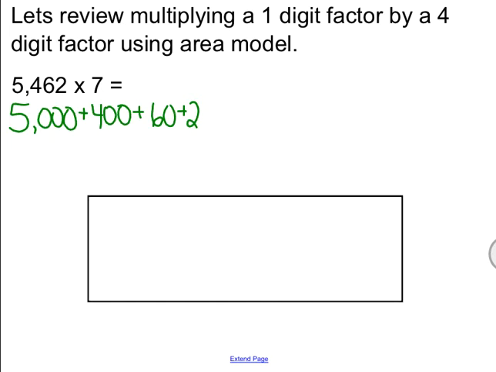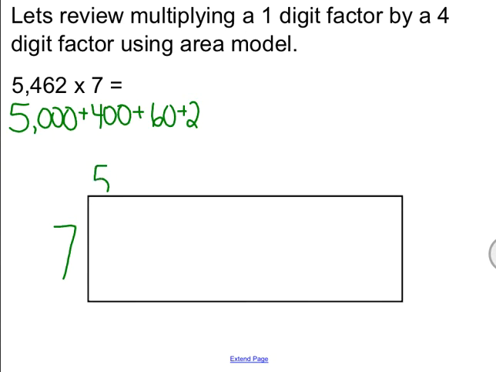All right, so now I can go and label my rectangle. And remember, area model is a visual diagram, also using partial products. So the next thing is to label our diagram. I am going to put the single digit, the number 7, on the side, and the expanded form of 5,462 will go along the top of the rectangle, making sure we're spacing it out so that we have enough room.